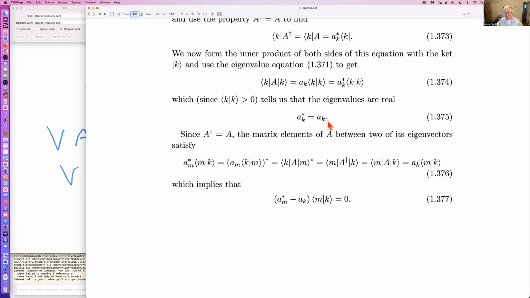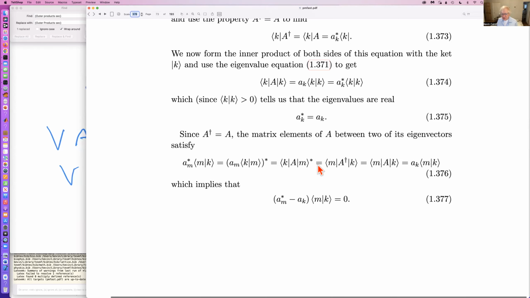Anyhow, what we see here is that all the eigenvalues are real. And then since A dagger is equal to A, the matrix elements between two of its eigenvectors satisfy this equation. a_m star is a_m, k m star, and that's a_k m star, because A on m is a_m.